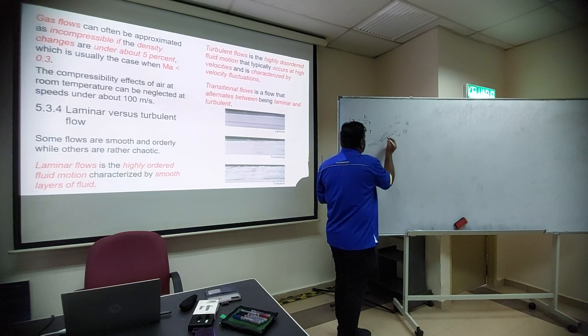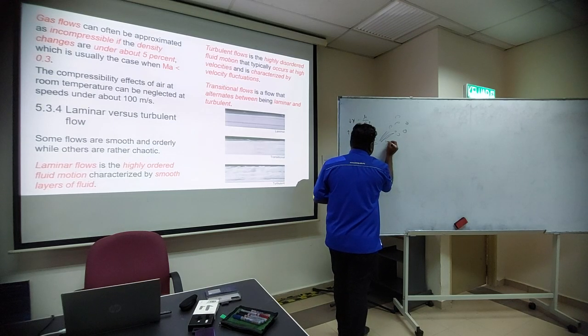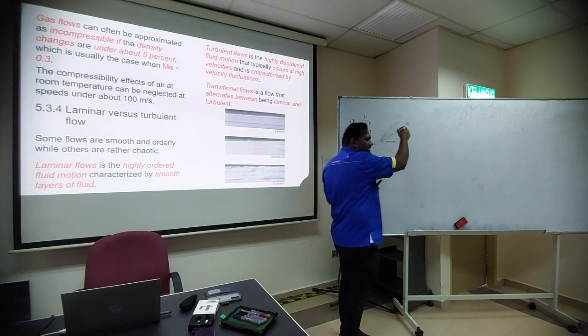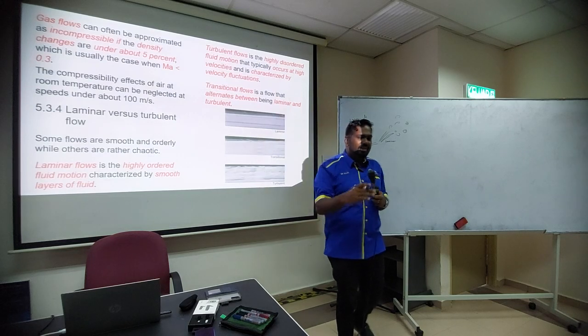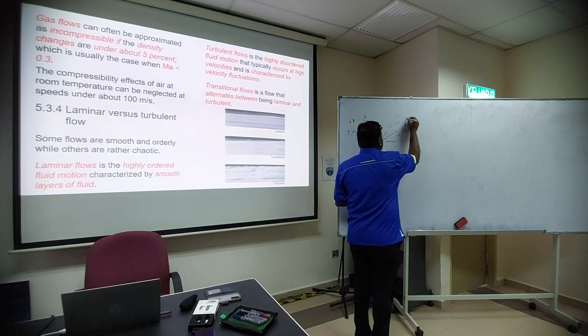This is what we call laminar. From the direction that you blow, it will be straight. After some time, because of the gas effect in the environment, it will become unstable. This we call turbulent.